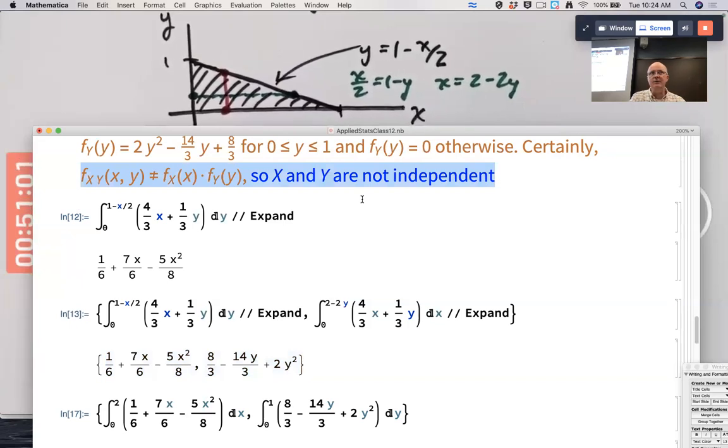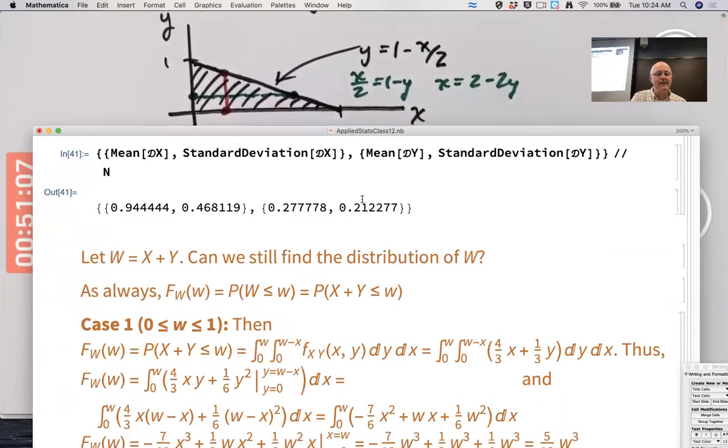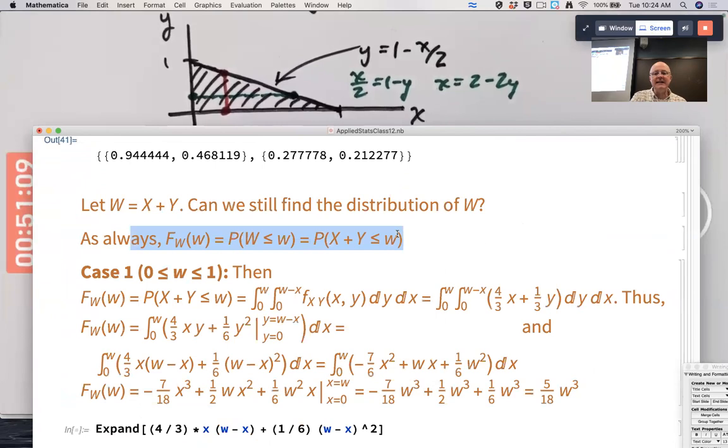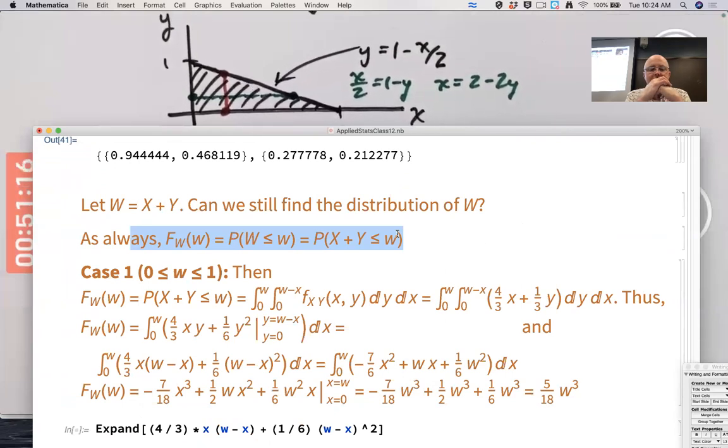So again, I can't use convolution, I can't use independence in any way. But I can still use the CDF method, and I can still compute it ultimately by doing double integrals. The details are unpleasant, but doable.